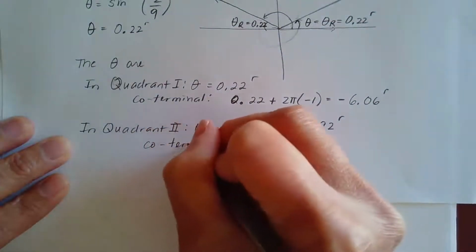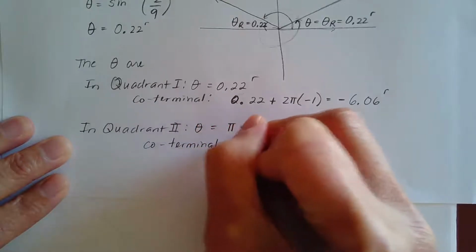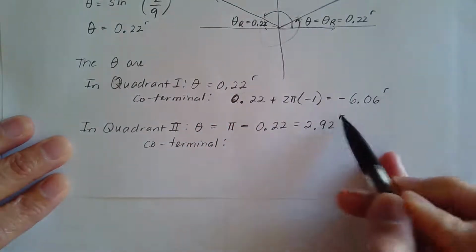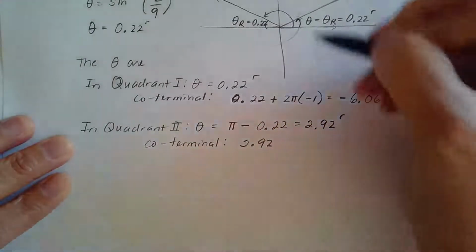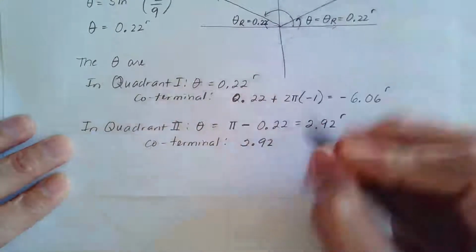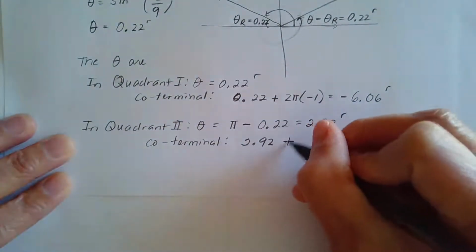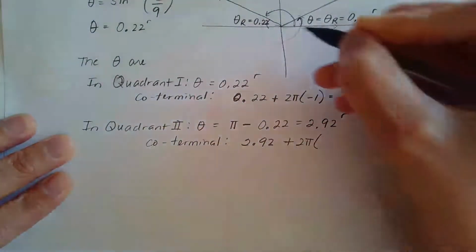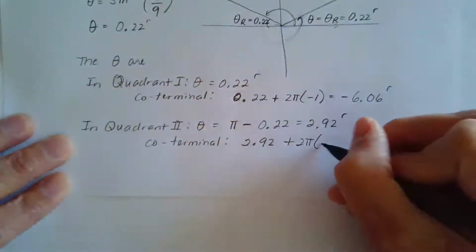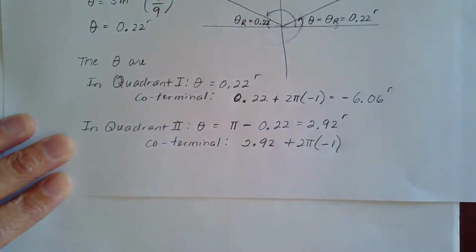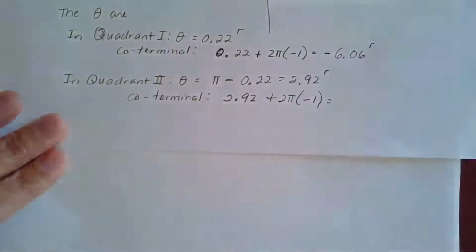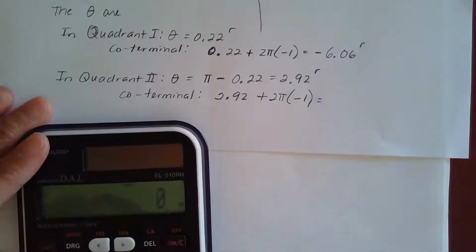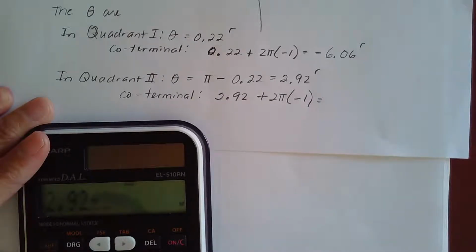Coterminal for that: this is our angle, 2.92, and if we turn the other way around, it's going to be 2.92 plus 2 pi times negative 1.